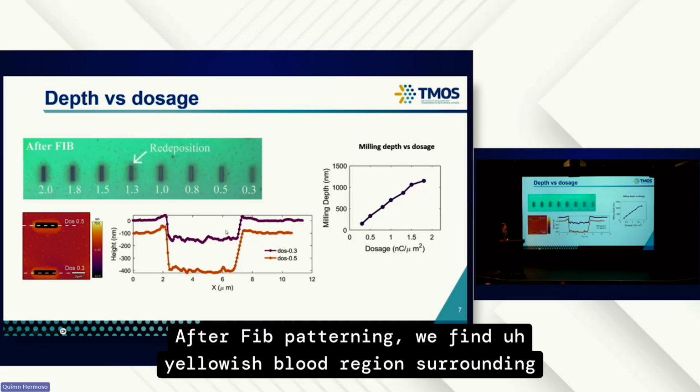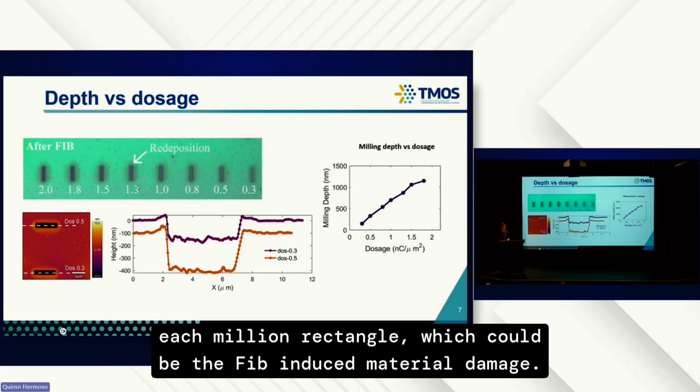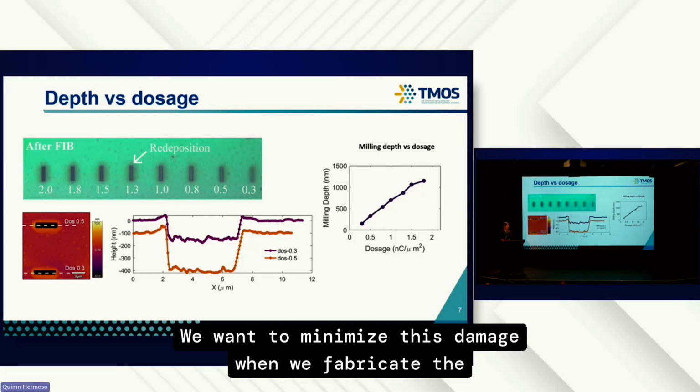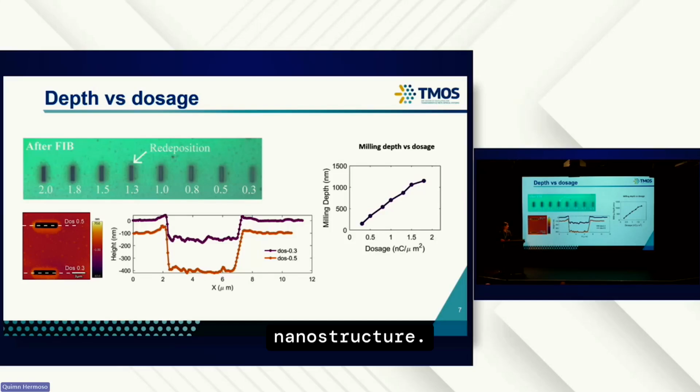But after FIB patterning, we found a yellowish blurred region surrounding each milled rectangle, which could be FIB-induced material damage. We want to minimize this damage when we fabricate the nanostructure.